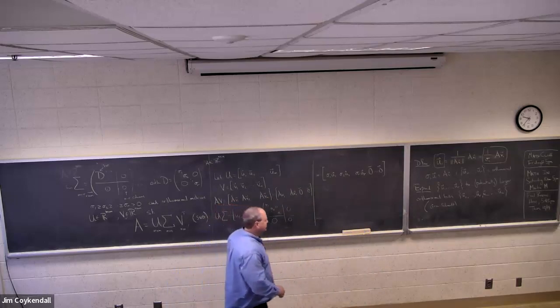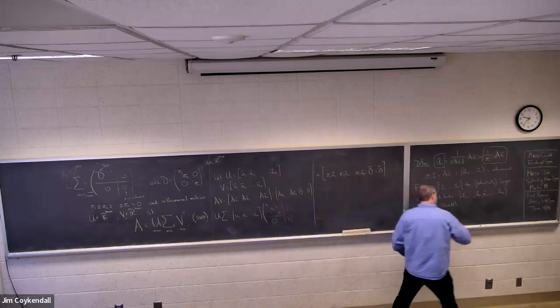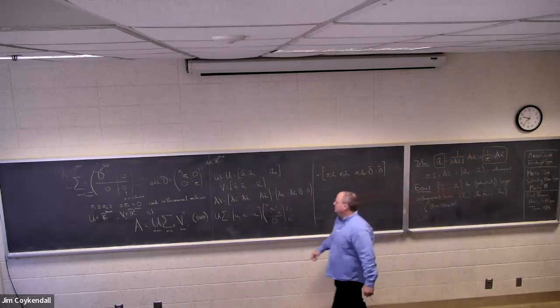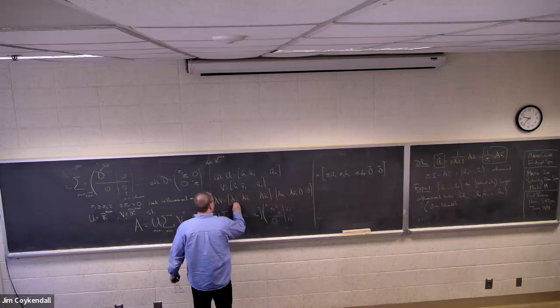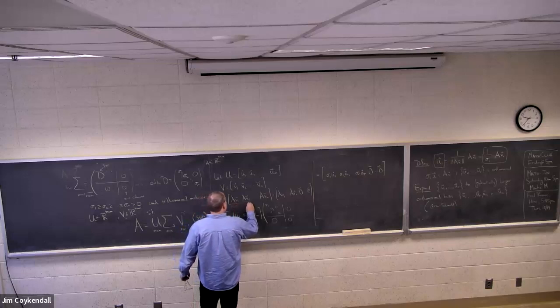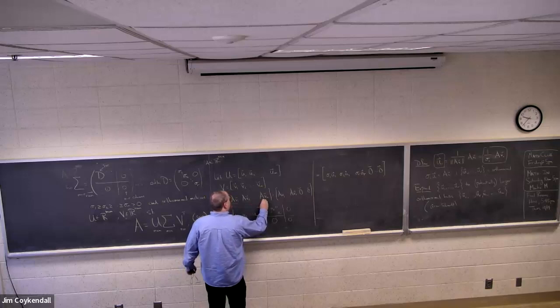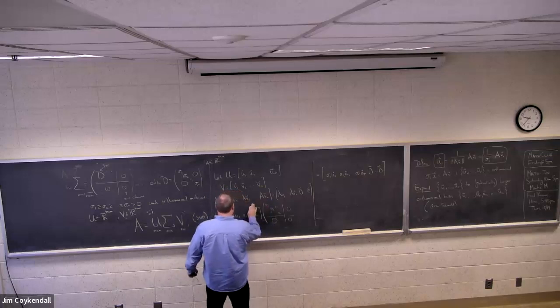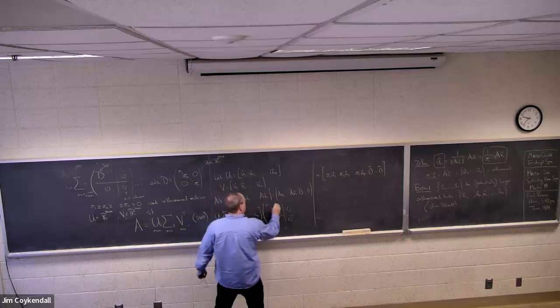See, let me point out that each one of these was sigma. This was sigma 1 U1. This was sigma 2 U2, and this was, well, I should do it down here, shouldn't I?